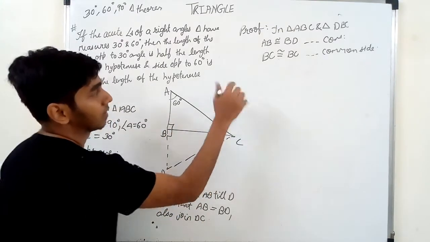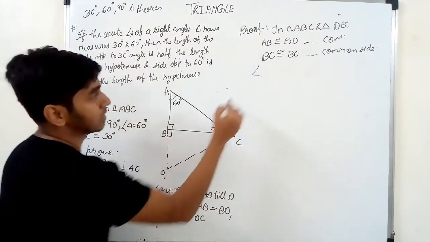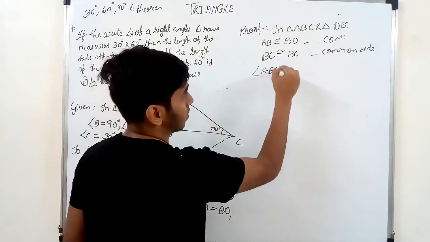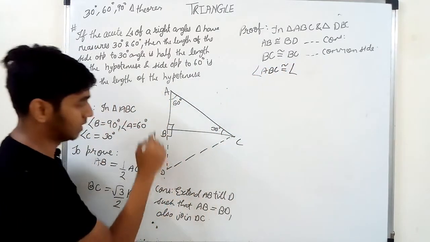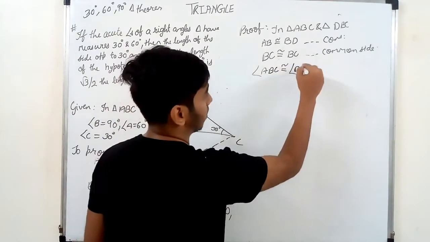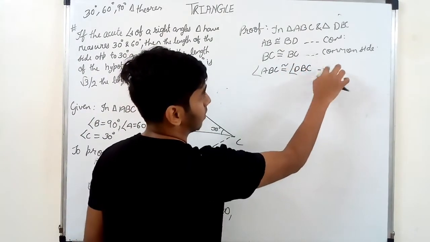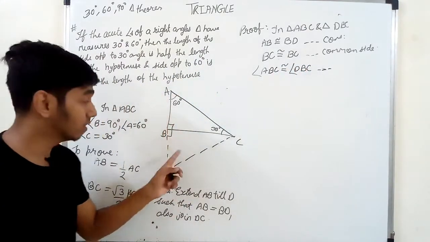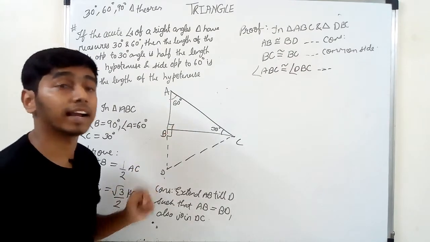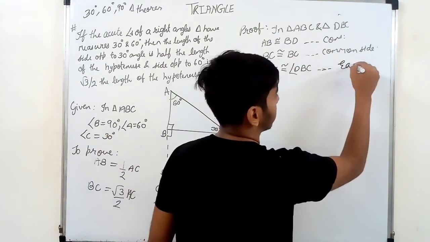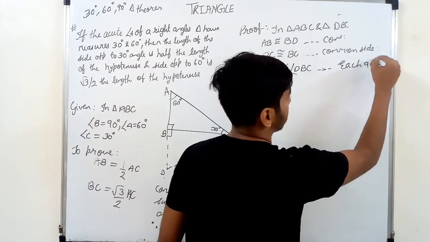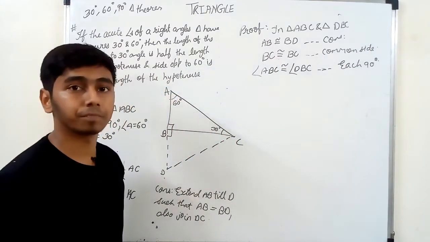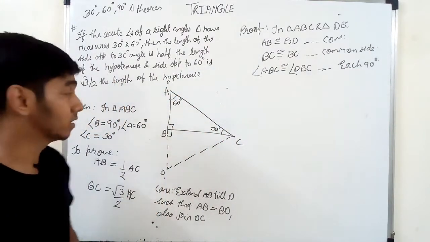So we can say angle ABC is congruent to angle DBC. What can be the reason for this? Because each of them is 90 degrees.